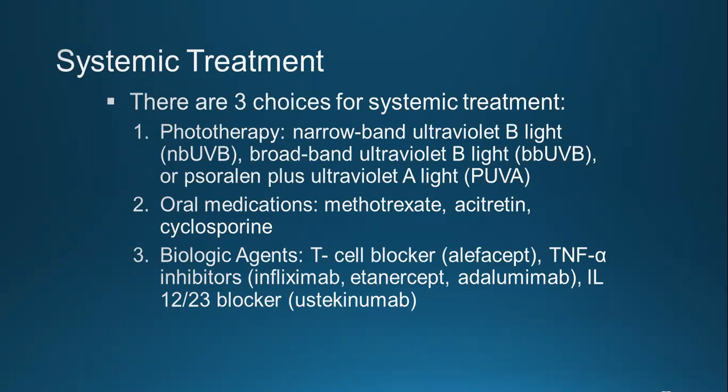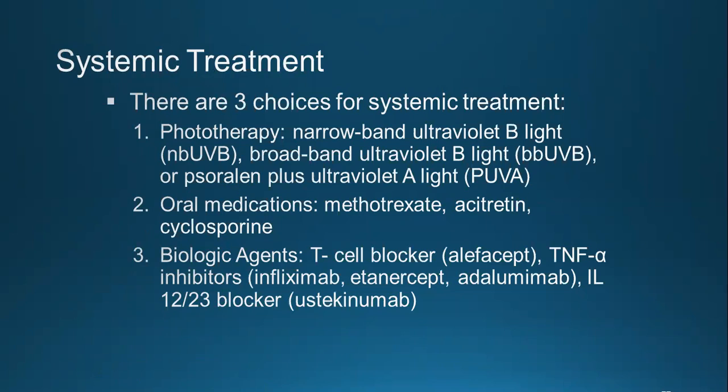These are all immunomodulatory agents, so they are good for treating not only the skin psoriasis, but even psoriatic arthritis. Biologic agents: T-cell blockers, alefacept; TNF-alpha blockers, infliximab, etanercept, adalimumab; monoclonal antibodies, interleukin 12 and 23 blockers, ustekinumab or secukinumab. These are targeted and they produce very good results.